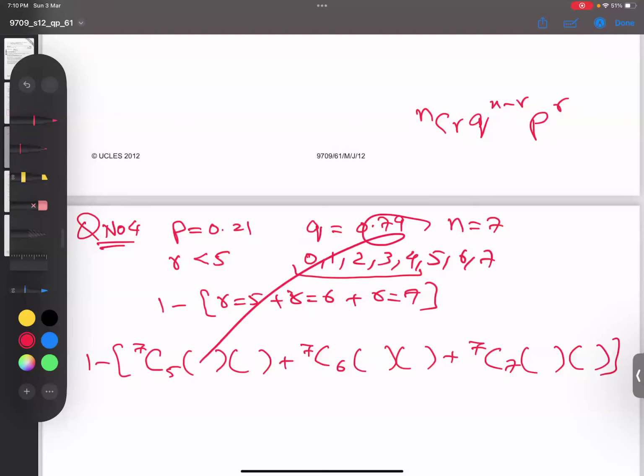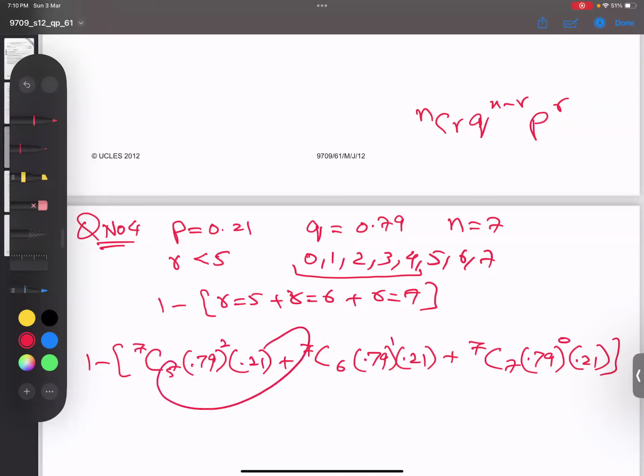Q is 0.79 in the first bracket, and P is 0.21 in the second. 7 and 5 difference is 2, 7 and 6 difference is 1, and here 0. And 5, 6, 7 go directly on top as powers. So it is just a matter of typing in the calculator.